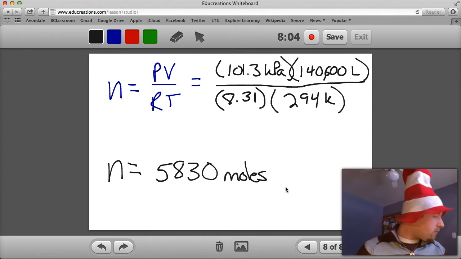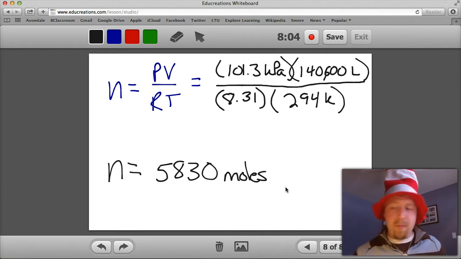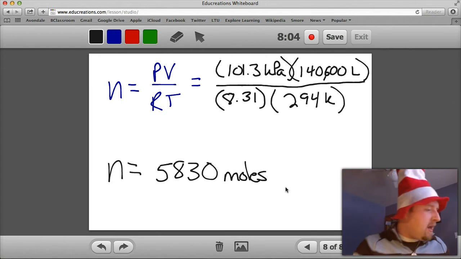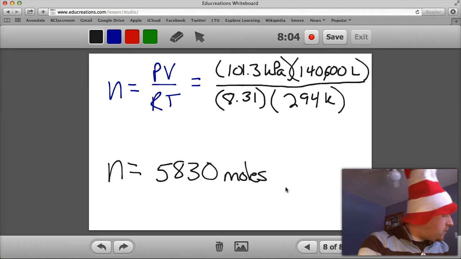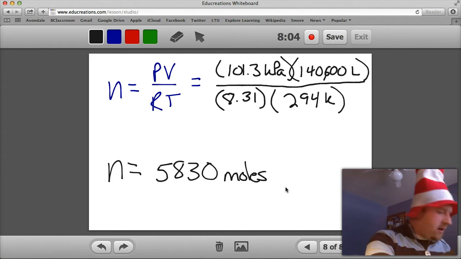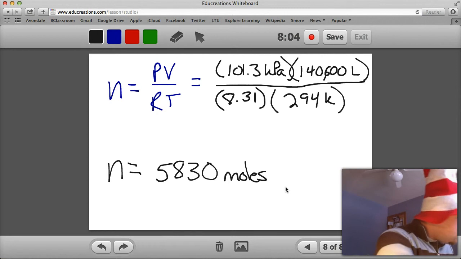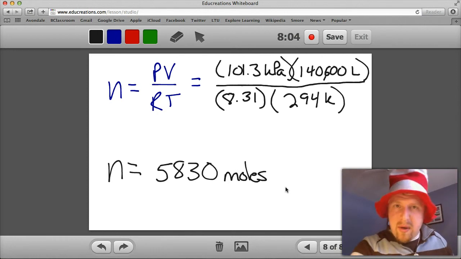Now, interestingly enough, your book has a problem where it's dealing with gases, especially air. It is on a page in the 300s here.